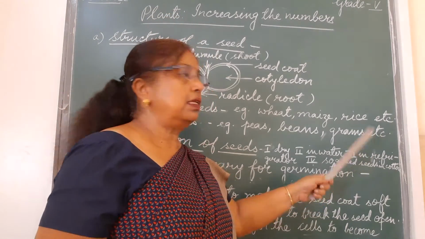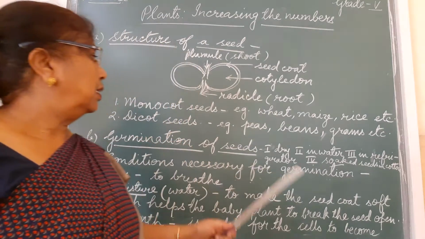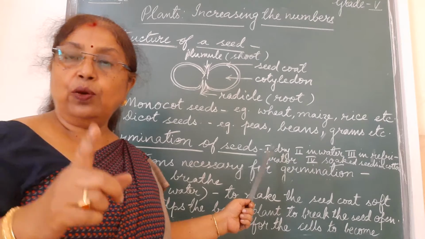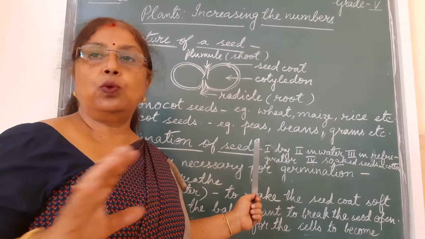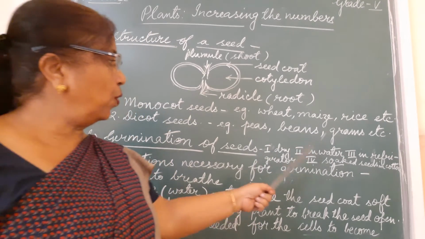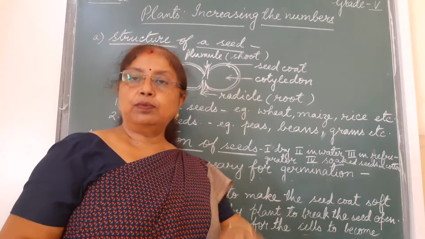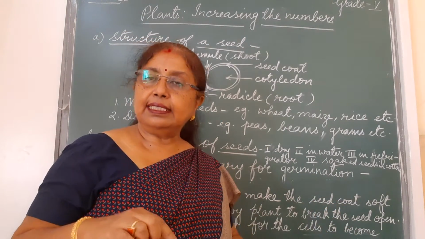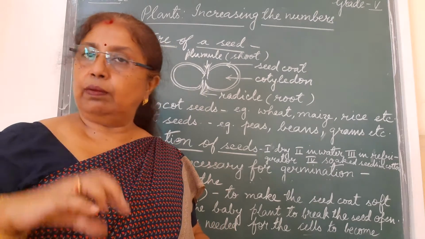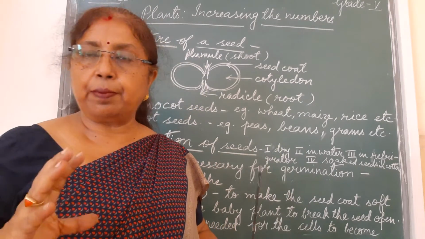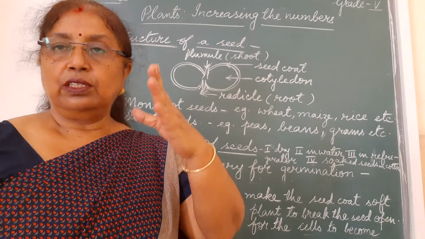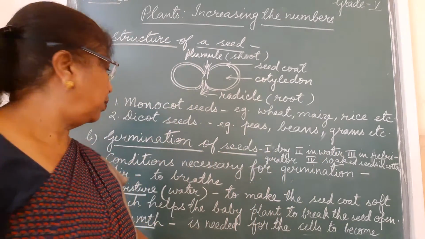And in the third one, in the refrigerator, we have kept some soaked seeds. So it is getting moisture and air, but no sunlight. And in the fourth one, we have kept some soaked seeds in cotton wool outside. There it is getting air and sunlight in proper amount, and since it is soaked, it starts germinating.